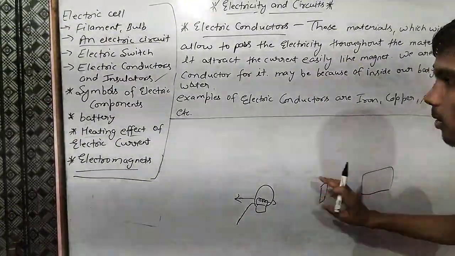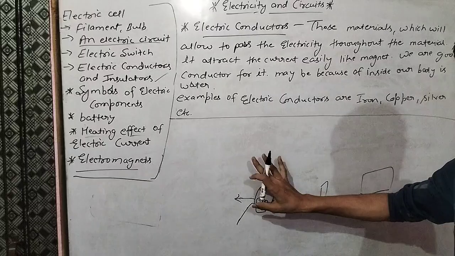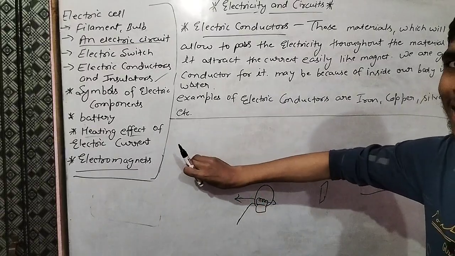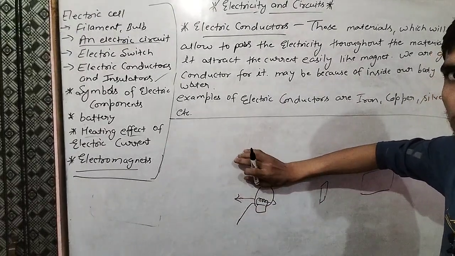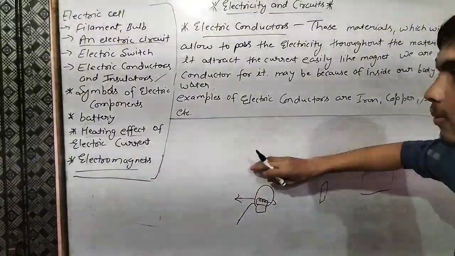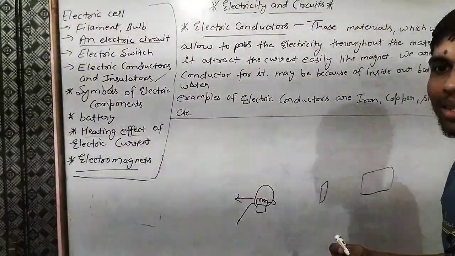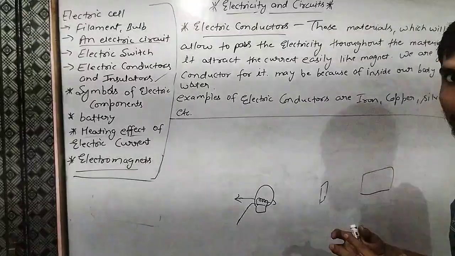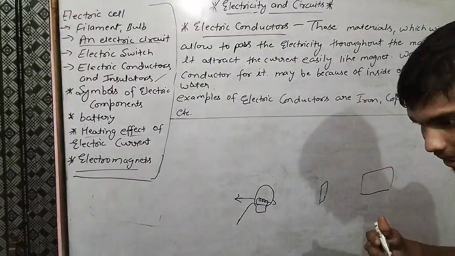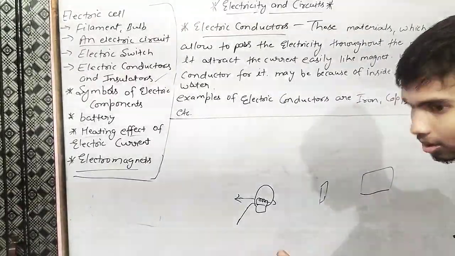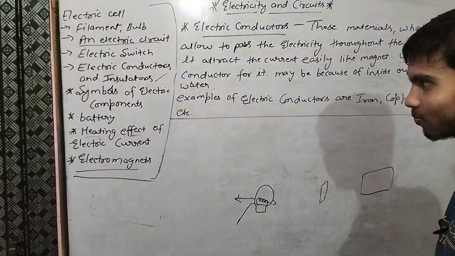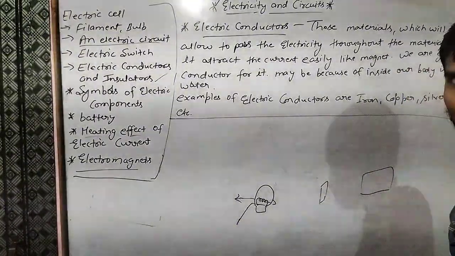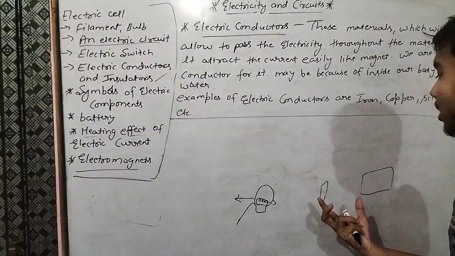Similarly, an electromagnet is in front of electric conductors. So when we touch both electric conductors and electricity, then electricity will work faster. We can say electricity will work like a magnet.